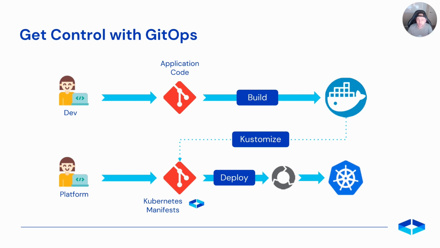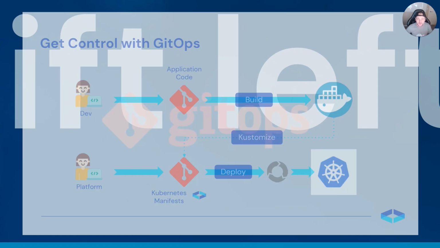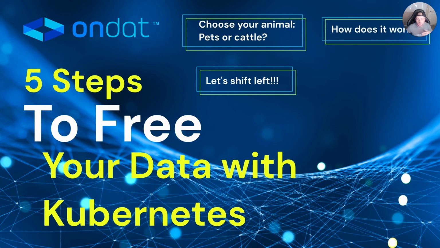So for example, you can deny any change that doesn't have the proper number of persistent volume replicas or doesn't have encryption enabled. So besides automation capabilities, GitOps principles also allow you to improve control and in the end, shift compliance left. Now that we have described some of the Kubernetes pattern around data management and map them out to Ondat capabilities, let's take a look at what that means from a business architecture perspective.